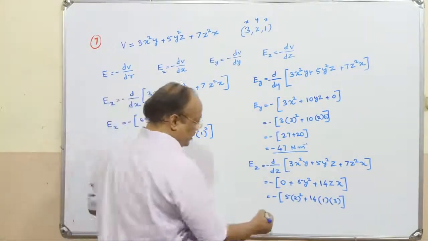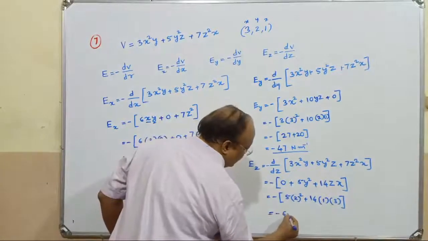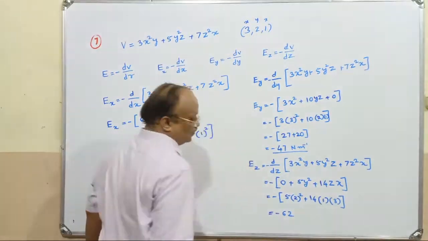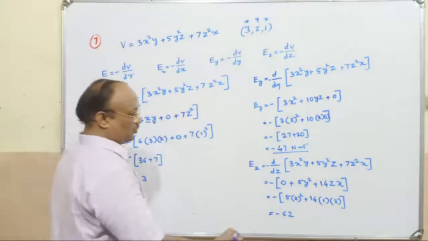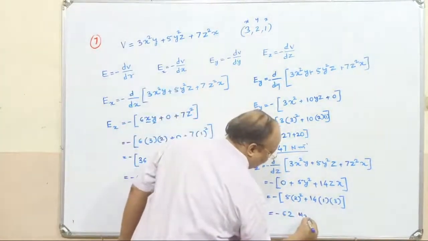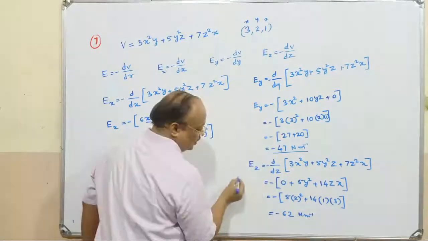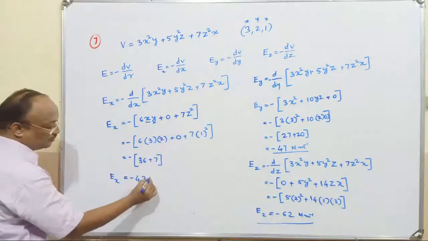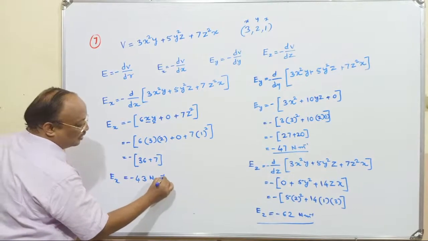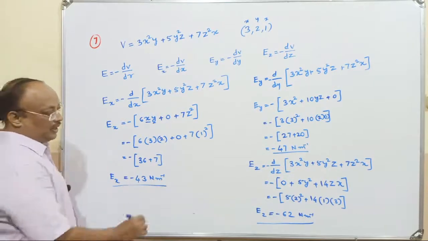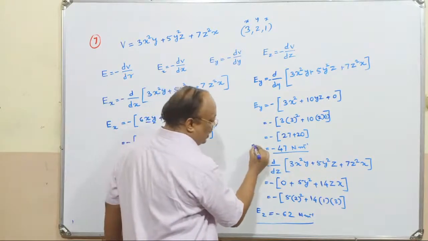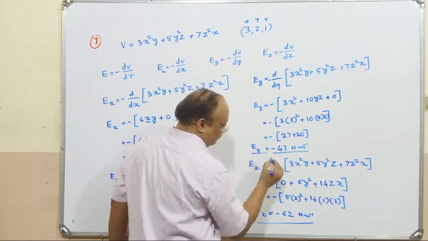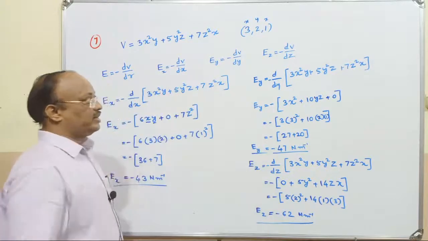So you will get here this as minus 62 Newton per Coulomb. So Ez value is this, Ex value, Ey value and Ez value.